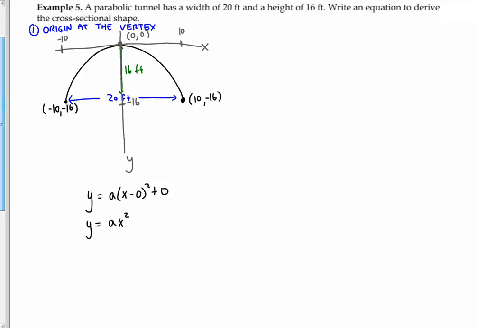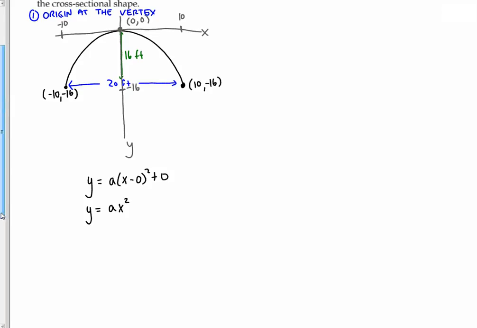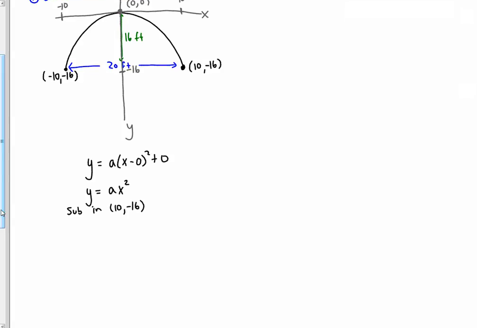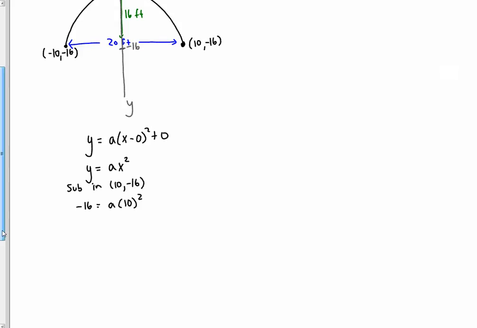How do we find a? Sub in a point, an x and a y. Which one do you want to use? Okay, let's sub in 10 and negative 16. So y is negative 16 and x is 10. So we square that, we get 100a. Divide both sides by 100, and let's reduce our fraction.